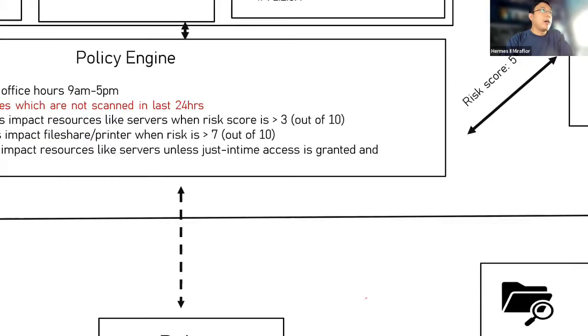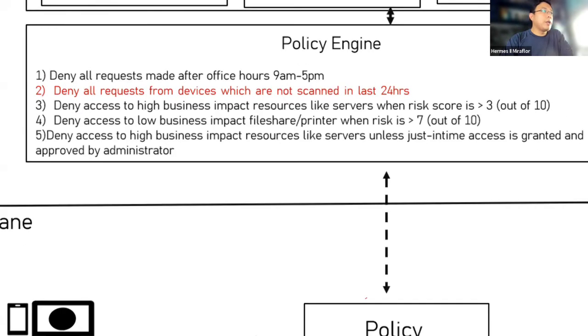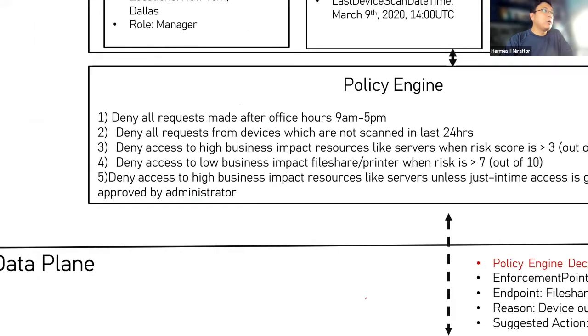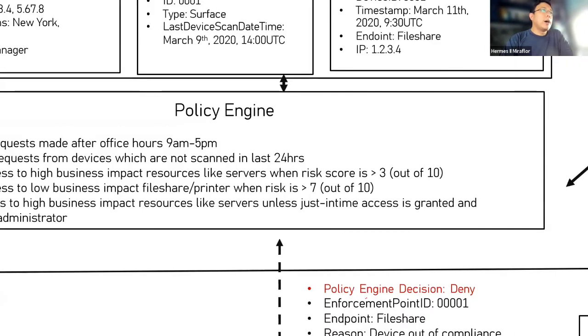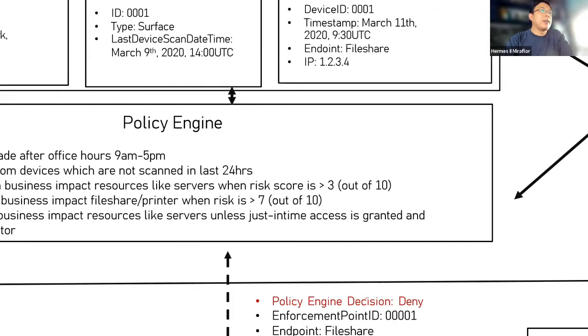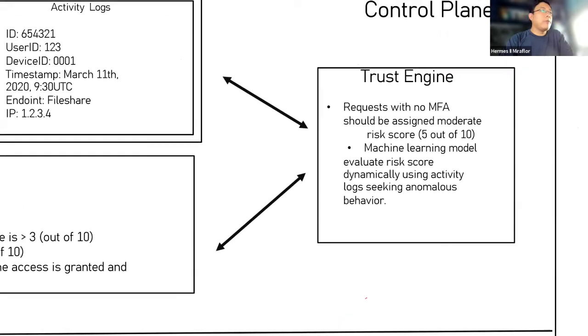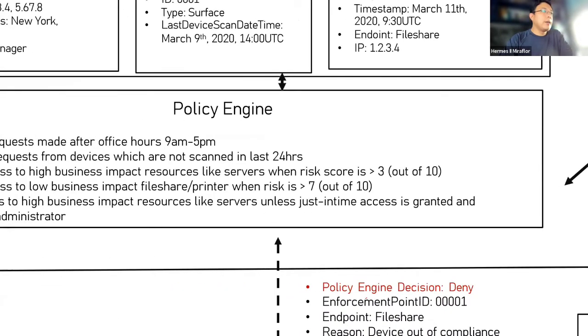5. And then from your policy engine, you have another rule that says deny access to various resources like a file share or a printer when the risk score is less than 7 out of 10, right? Because Bob has no MFA, the trust engine will give out a score of 5, which is technically less than 7.